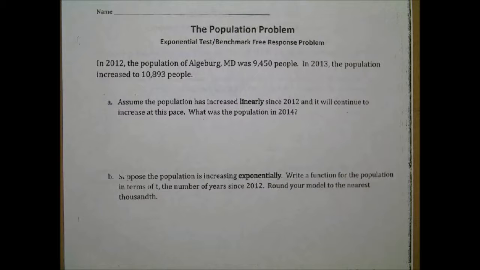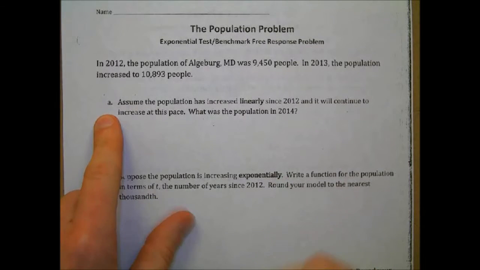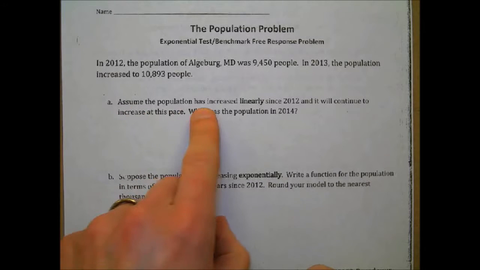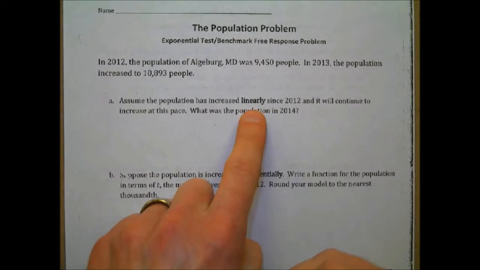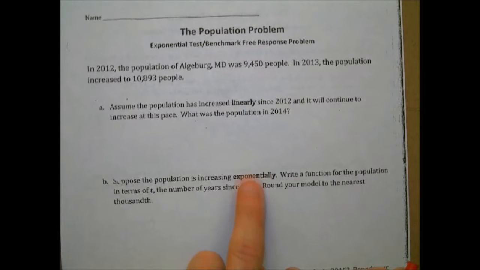In letter A, we're going to assume the population has increased linearly, so the relationship is linear. But in letter B, we're going to assume that same relationship is exponential. So we're going to come up with two different models to represent this situation and use them to predict the future. Not the future for us, because 2014 has already come and gone, but the future in the situation.